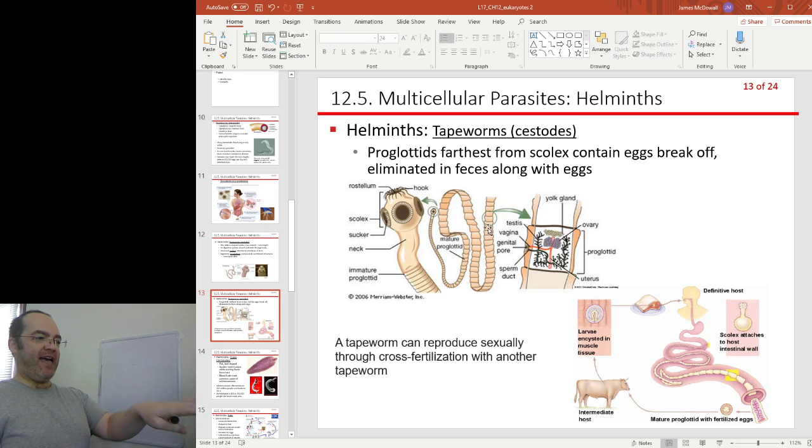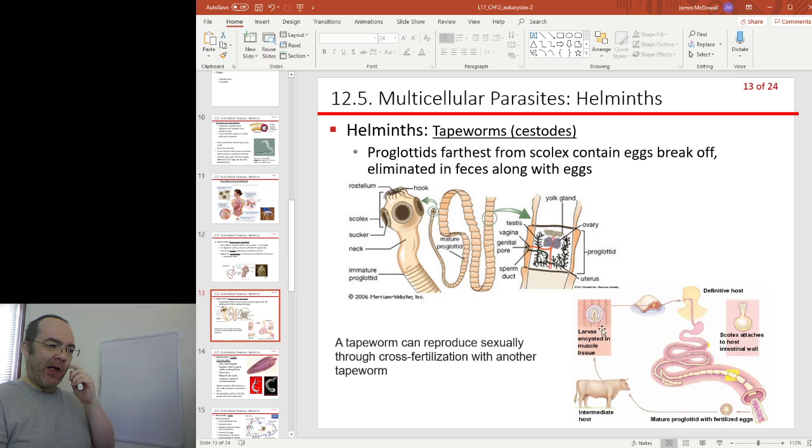So we have sex and we have eggs inside the human. That makes the human the definitive host. We have another animal that is required for life cycle completion, and that's the intermediate host.